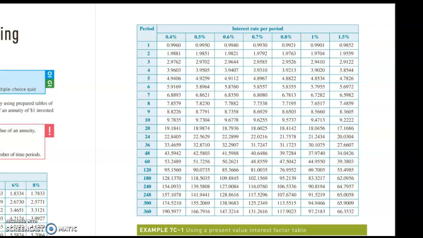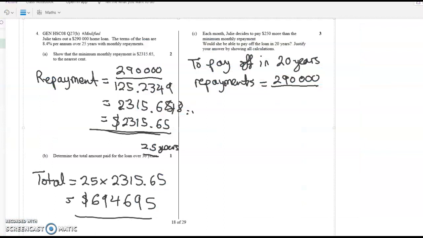And the rate's still the same, so the value we get is 116.0760. So let's put that in, 116.0760, and the value is 2498.36 per month.